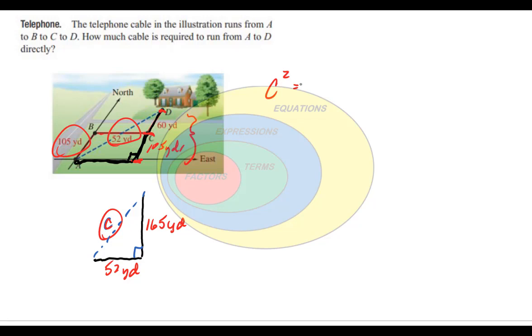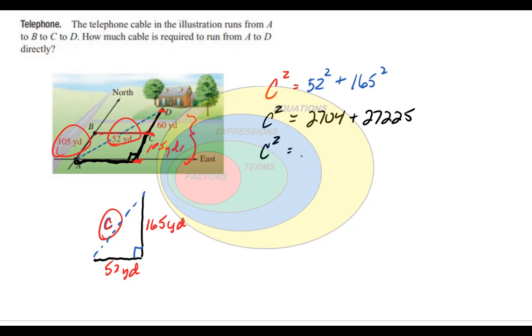So the Pythagorean theorem gives me C squared equaling 52 squared plus 165 squared. Evaluating and solving, 52 squared is 2,704 plus 165 squared is 27,225.